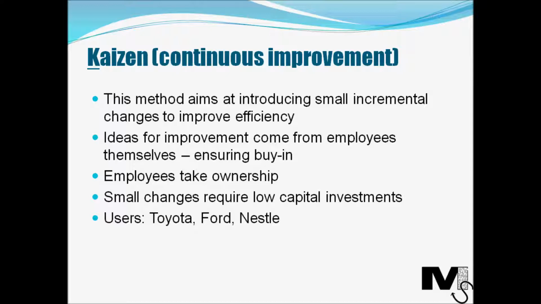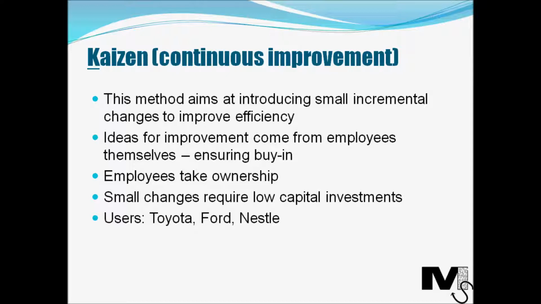What this does mean is that there is an assured buy-in from these employees, because it's them bringing in these efficiencies, bringing in these recommendations, and then they also take ownership. And then the major advantage of using this is that by making small changes, the capital investment required is normally very low.